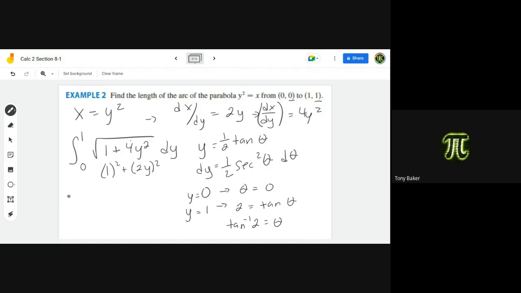All right. So we have 0 to arctan of 2, square root of 1 plus 2 times 1/2 tangent theta squared, d theta.